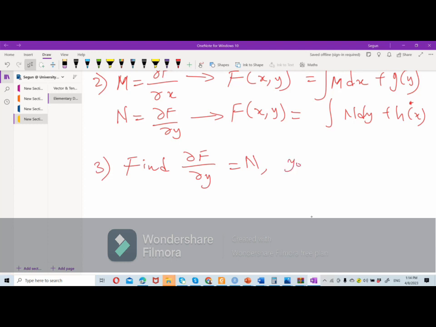Then you will have g prime of y. So if you do the same thing, the f dx, which is m, rather, you will have h prime of x.